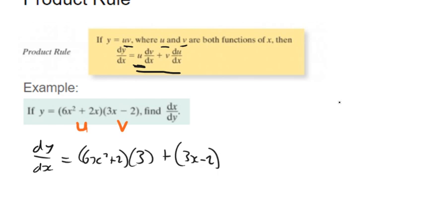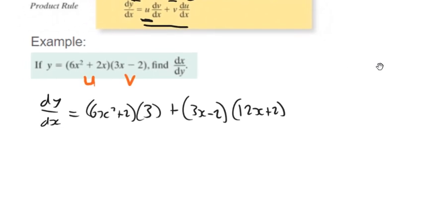And the last thing is the du dx part. So that's just the differential of u with respect to x. So it'll be 2 times 6 is 12, so 12x, and then plus 2 because it's not a constant, it's the power of x. So 12x plus 2. And that'll be it then.